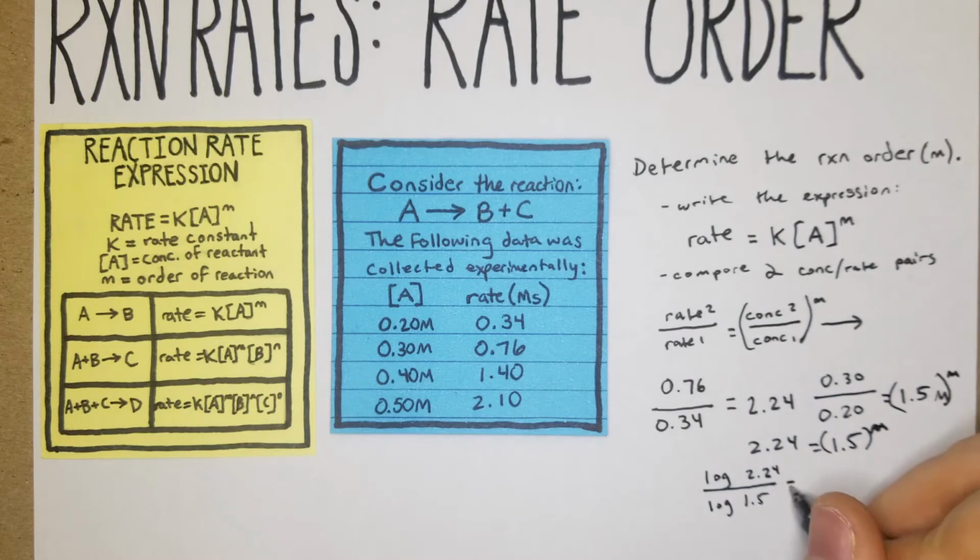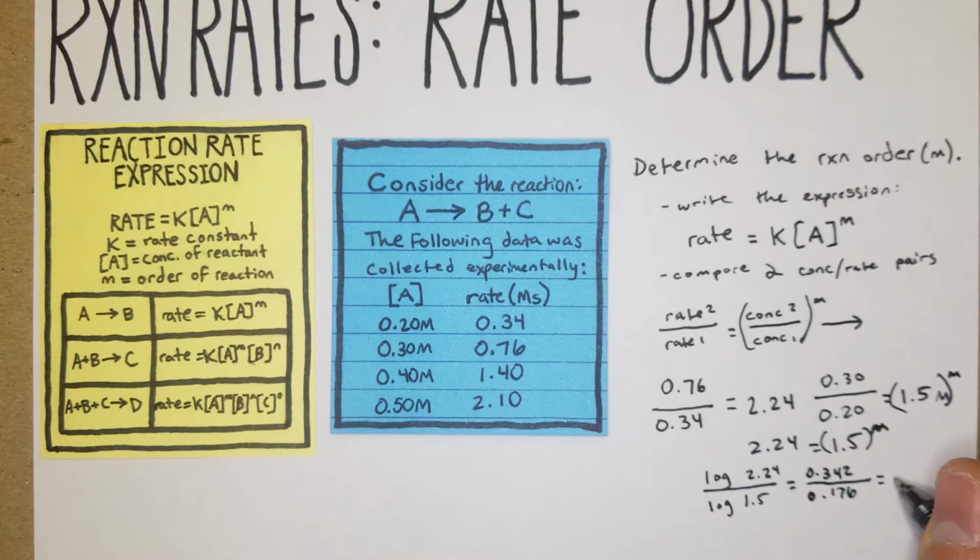On top you get 0.342, and on the bottom 0.176. We divide that out and it equals 1.943. We can say that is about 2, and because it's close to the number 2, that gives us second order.